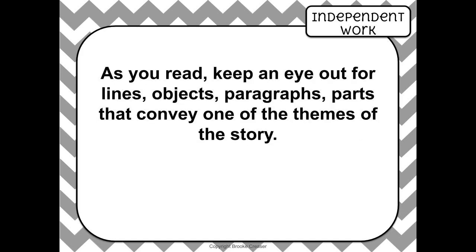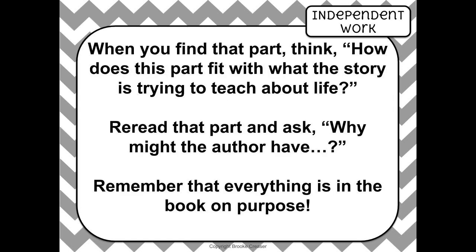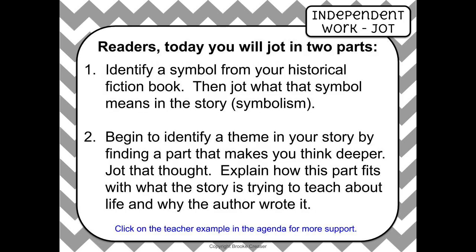As you read, keep an eye out for lines, objects, paragraphs, parts that convey one of the themes of the story. When you find that part, think, how does this part fit with what the story is trying to teach about life? Reread that part and ask, why might the author have written it? And remember that everything is in the book on purpose.